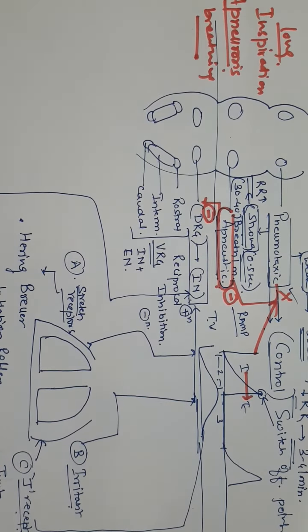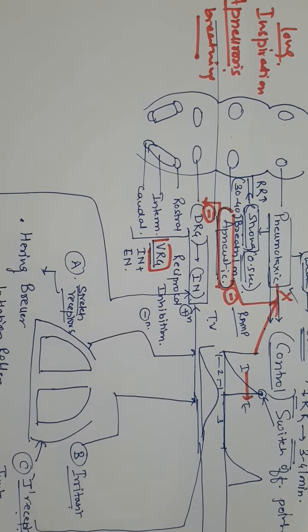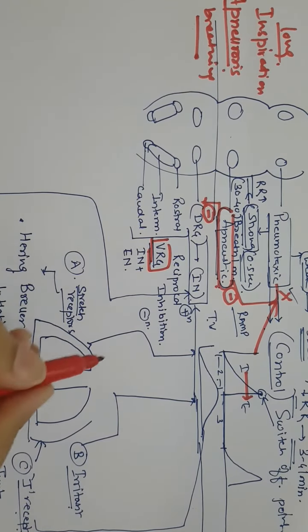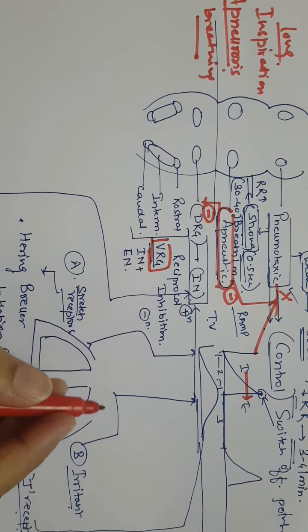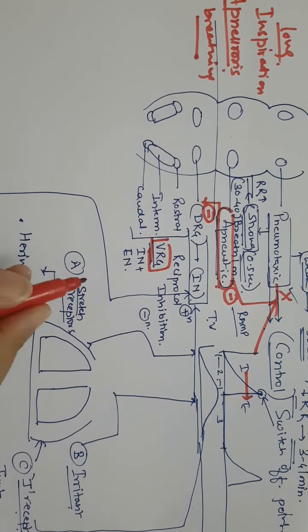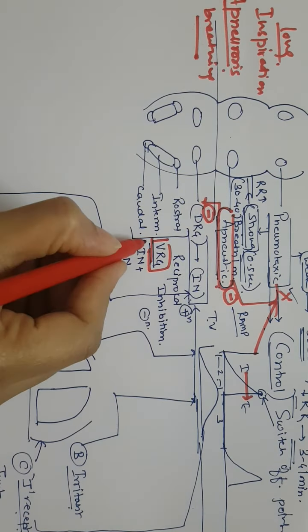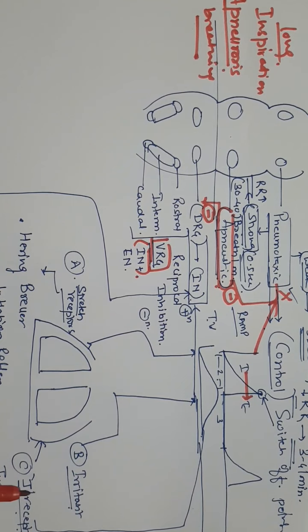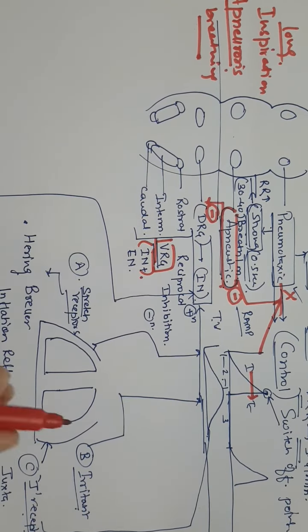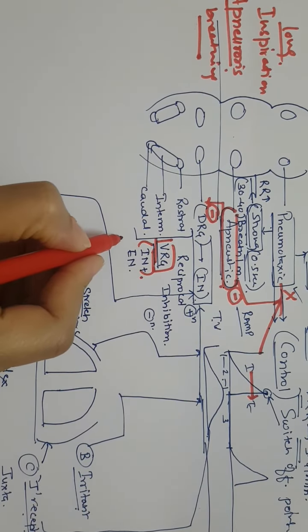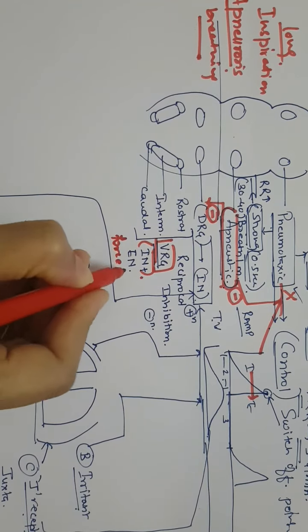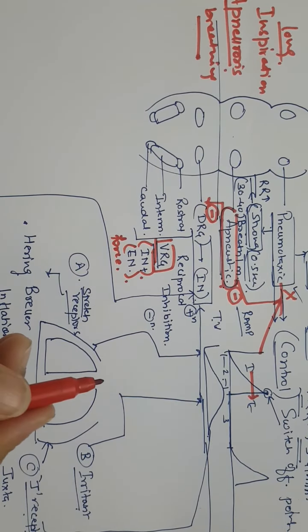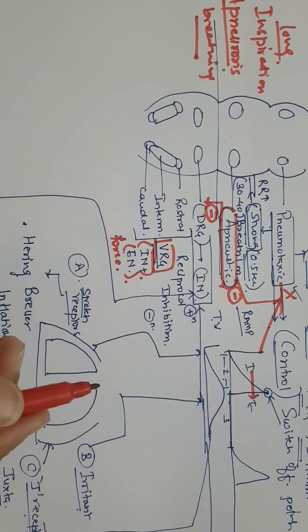Okay, now what is the role of VRG? VRG is important when there is need of increased ventilation. At that time the inspiratory neurons of VRG are also stimulated, and when there is forceful expiration, the expiratory neurons of VRG are also stimulated.